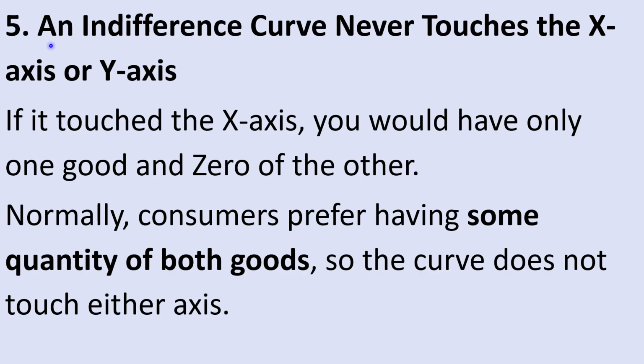Number 5. An indifference curve never touches the x-axis or y-axis. If it touches the x-axis, you will have only one good and zero of the other. Normally, consumers prefer having some quantity of both goods, so the curve does not touch either axis.